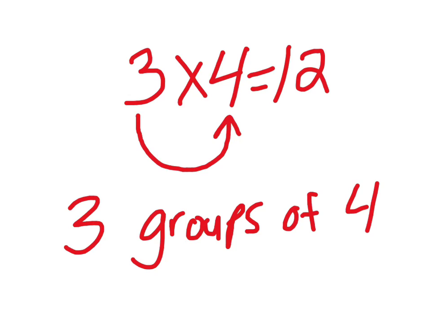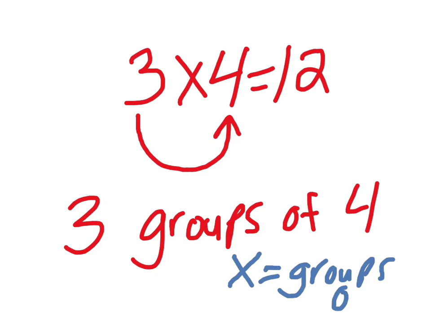My kids are very good at knowing that the x in a multiplication problem means groups of. That helps us visualize what we're really talking about when we look at groups of instead of just saying times, because a lot of times times can be confusing.